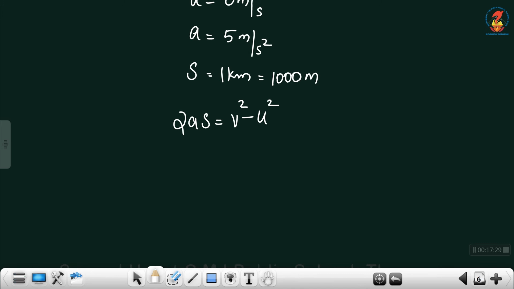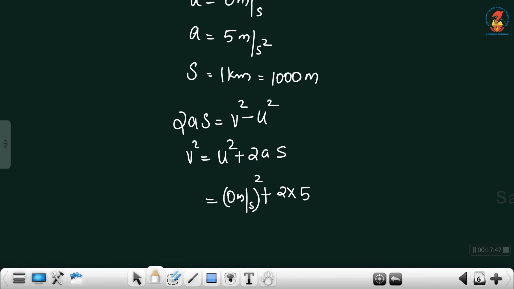or v square equal to u square plus 2as, that is 0 meter per second the whole square plus 2 into 5 meter per second square into 1000 meter.